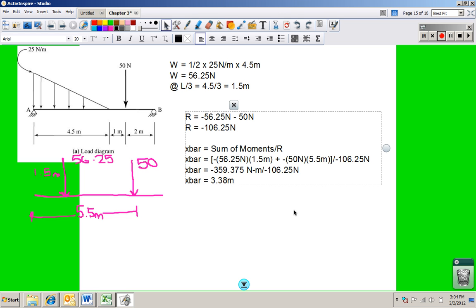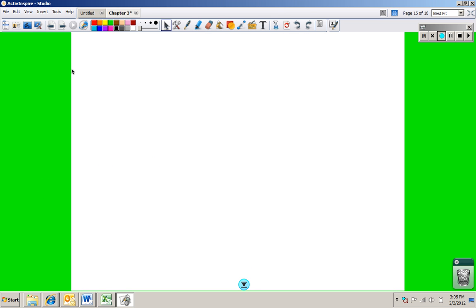So that's a non-uniform load. And so that concludes the section on non-uniform loads.